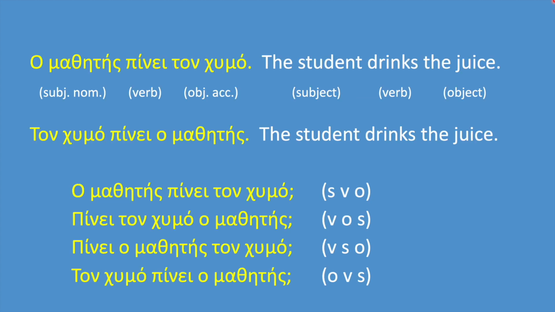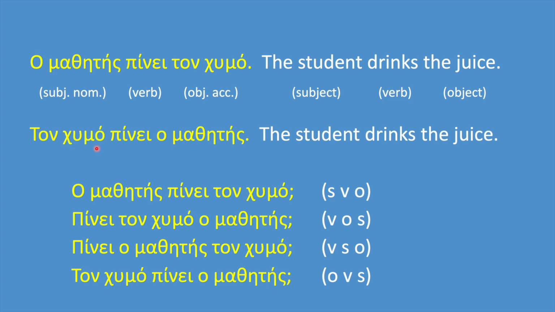Let's go back to the Greek example. Ο μαθητής πίνει τον χυμό. Ο μαθητής is the subject and it's in the nominative case. Τον χυμό is the object and it's in the accusative case. If we switch the subject, ο μαθητής, with the object, τον χυμό, this is what we get.